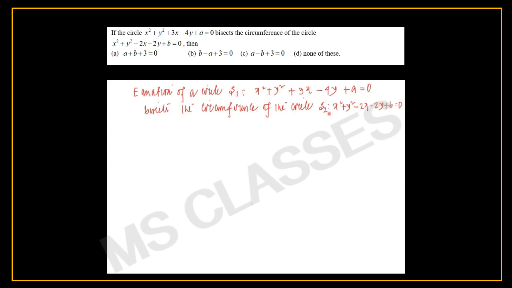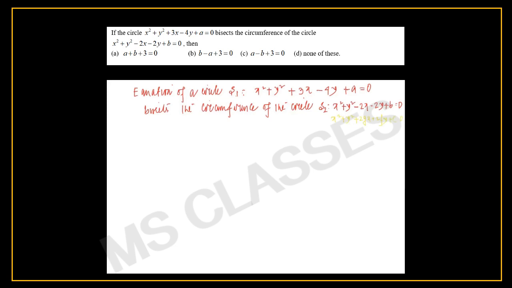Now what we have learned just now is that the common chord of these two circles will pass through the center of this circle. So first of all, we try to find the center of S2. For that, we can just compare this equation with the general equation of circle.